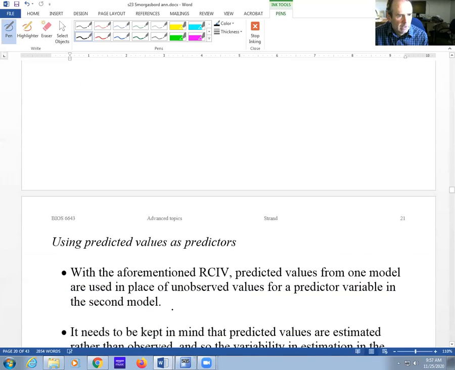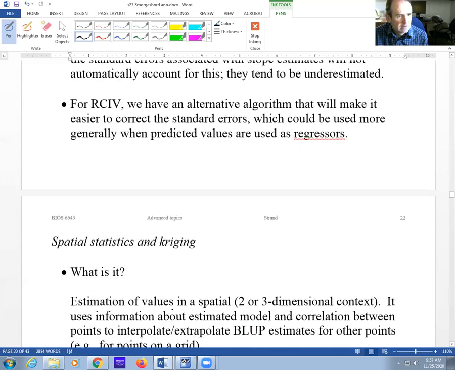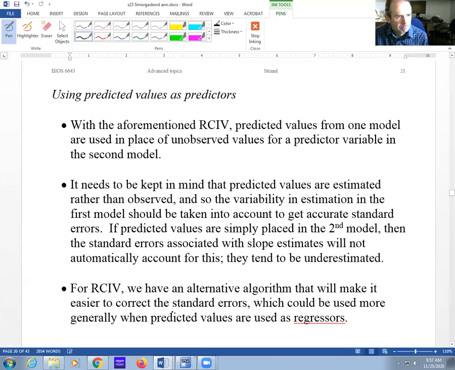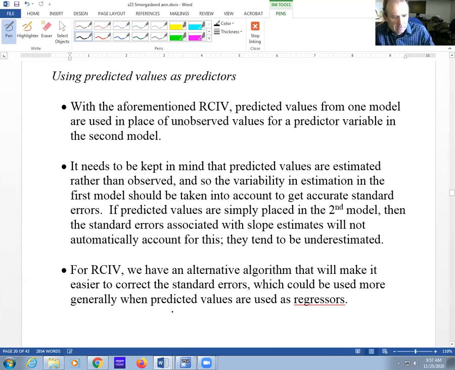Okay, so the last slide, I think this is it. This issue of mismeasurement, like I said at the beginning, if you have a situation where your X variable is based on a predicted value, you also have unobserved data. You have estimated values that you're plugging in, and really you need to account for that uncertainty in the model.